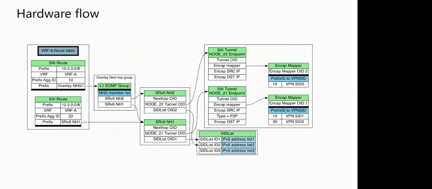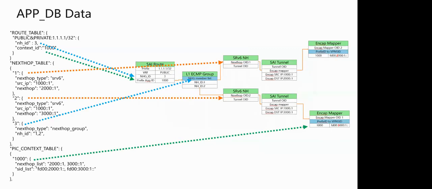This is the forwarding table entry structure for the SRv6 side, based on the current Cisco Silicon One chip design. And on the next page, we will see the corresponding information between the modified routing table and the hardware. Here we can see the VRF and prefix information from the route table corresponds to the SID route information.